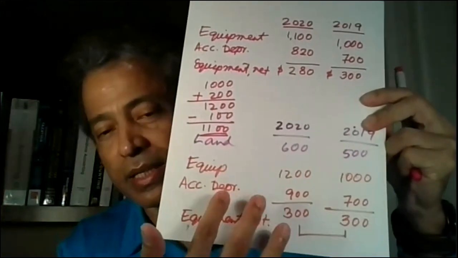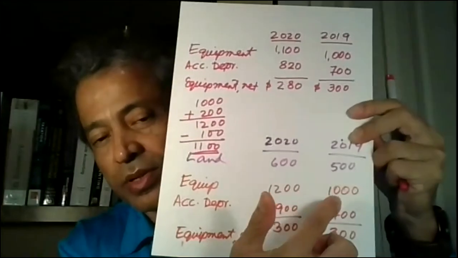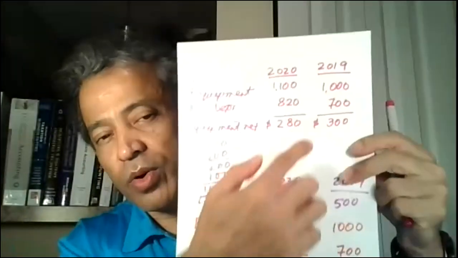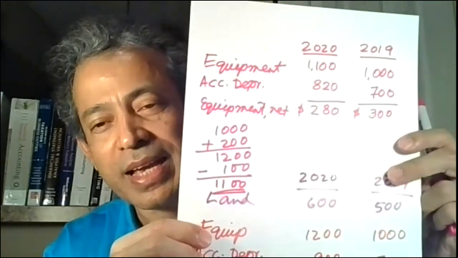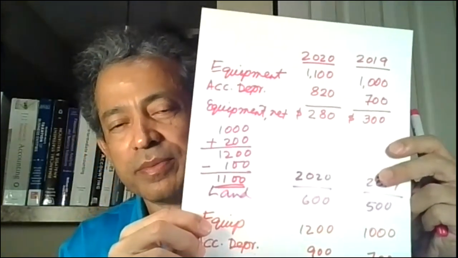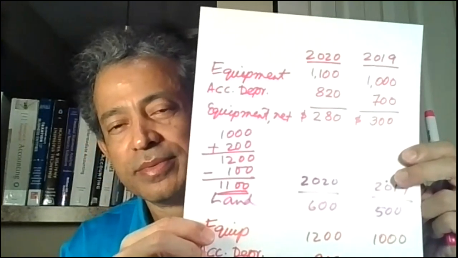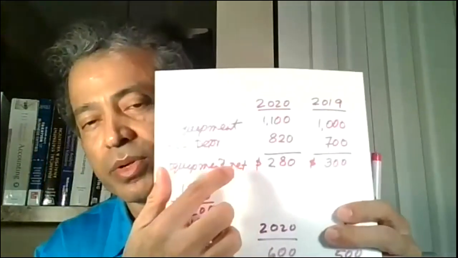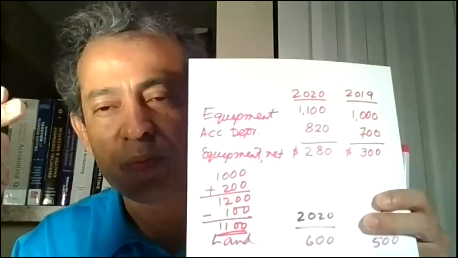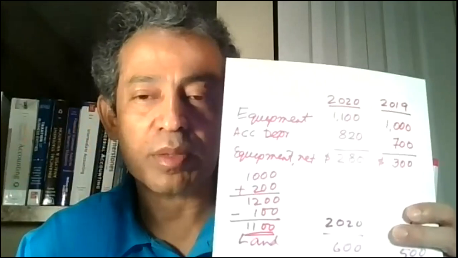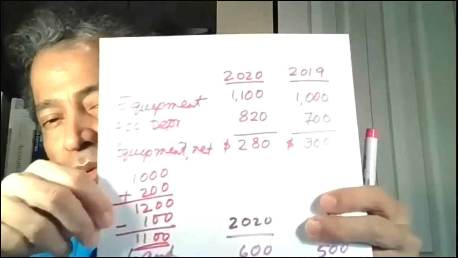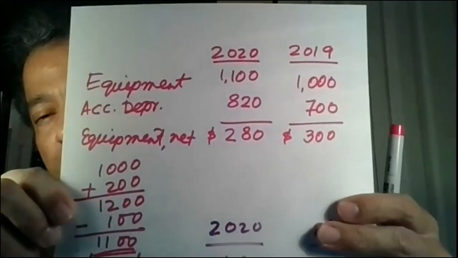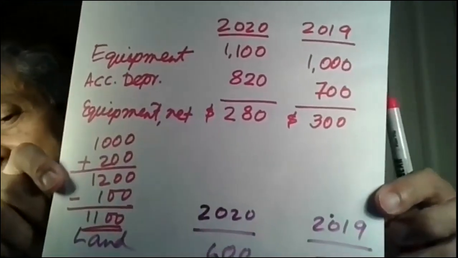So it could be a simple case of just purchase, from 1,000 to 1,200, or it could be a more complicated case where you will have both purchase and sale of those assets. So our investing section, the more complicated one, would show $200 of outflow and maybe $10 of inflow. And all the losses or gains would be dealt with in the operating section. So take a careful look.